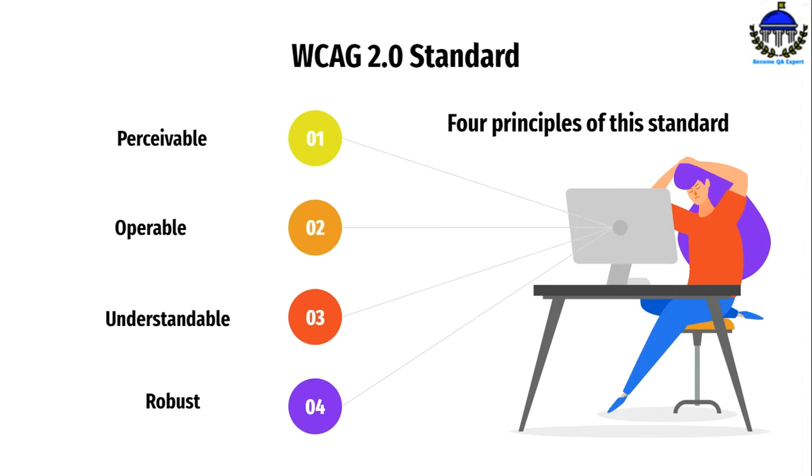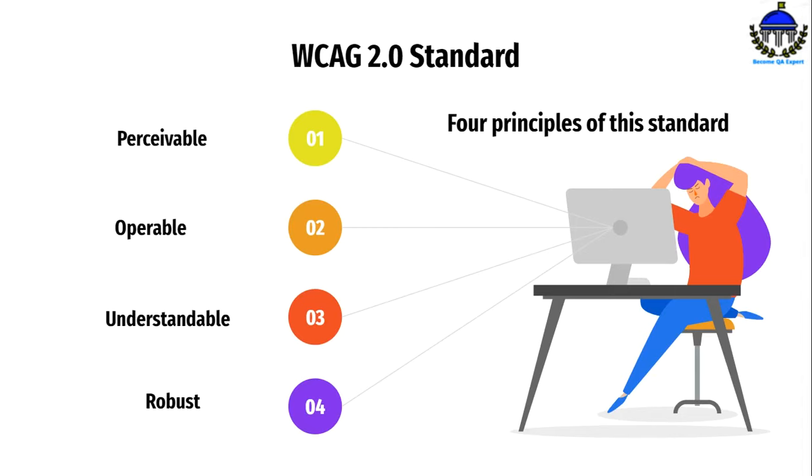For example, content is not perceivable if the author leaves out the description of a photograph, because without a text alternative, people who surf the internet with a screen reader will not be able to tell what is in the photograph.